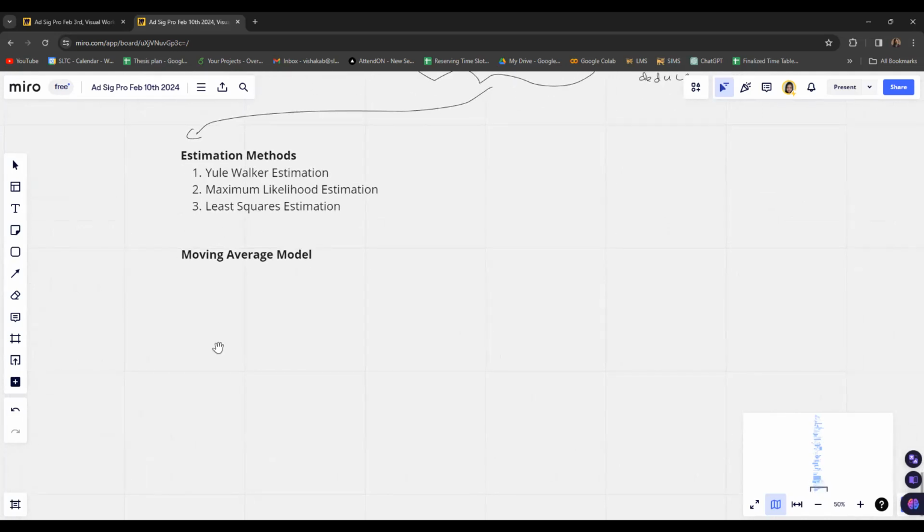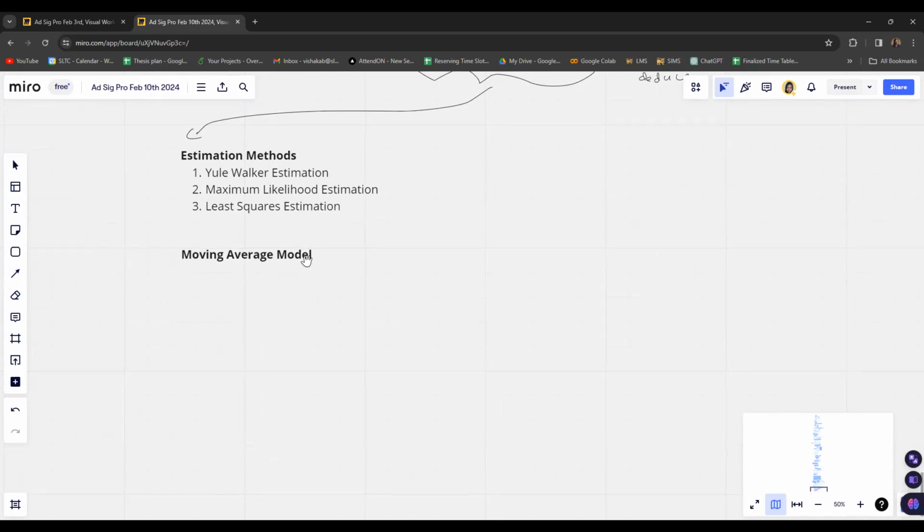So the moving average model is a model that considers the effect of the white noise on the process of the time series. The moving average gives us more details regarding the added noise into the system and how the average of the model changes based on that noise.